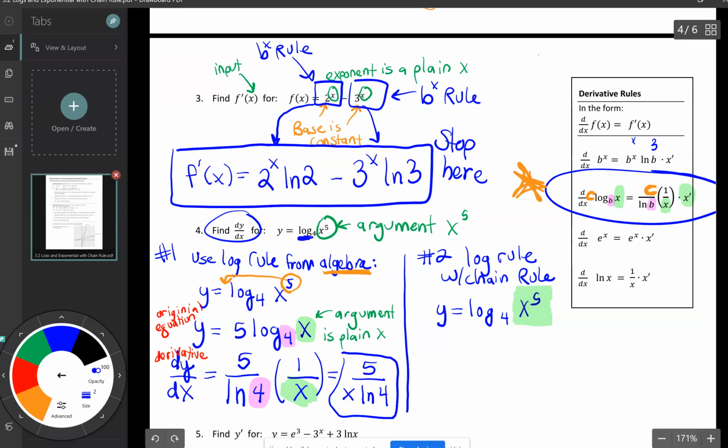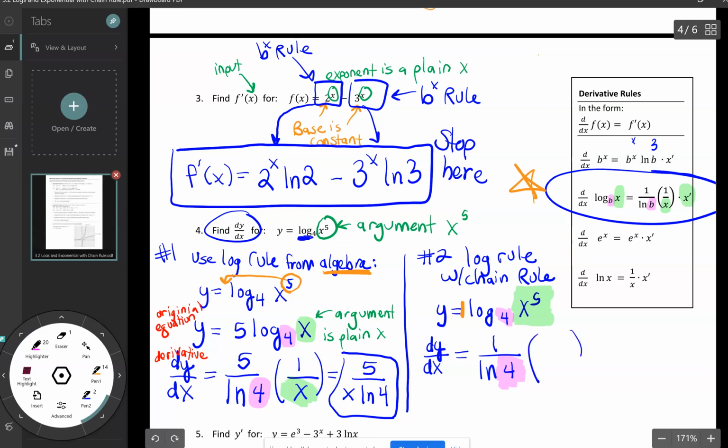Okay, cool. So now let's go ahead and do this. So I'm taking my derivative, so I'm going to do dy over dx, change in y over change in x. And my rule says, okay, let's use our rule. So now there's technically a 1 in front of the log, right? So when I come back up here to this rule, there's technically that 1 back there. So I'm just going to end up doing 1 over natural log of the base, which is 4.